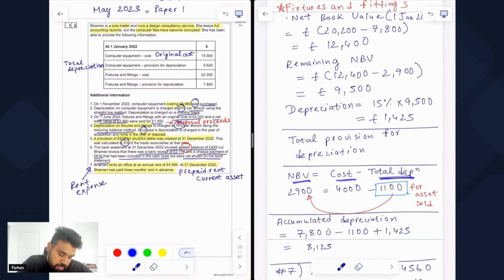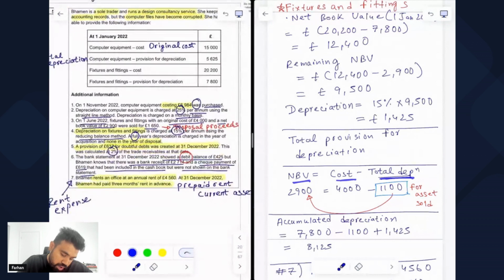All right, so based on information number 3, the net book value for the fixtures and fittings that we have sold was 2,900 pounds, which is what I have included here. And the original cost was 4,000 pounds, which is what we have taken from the information given here as well.